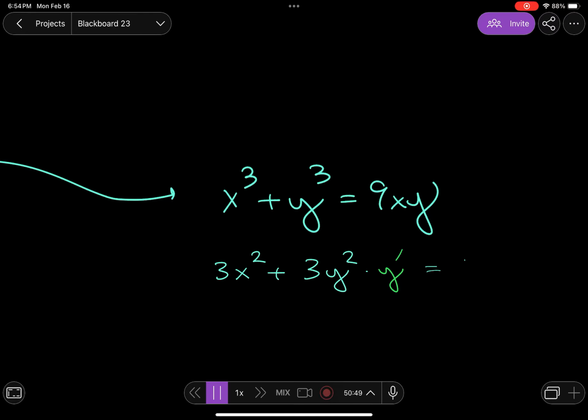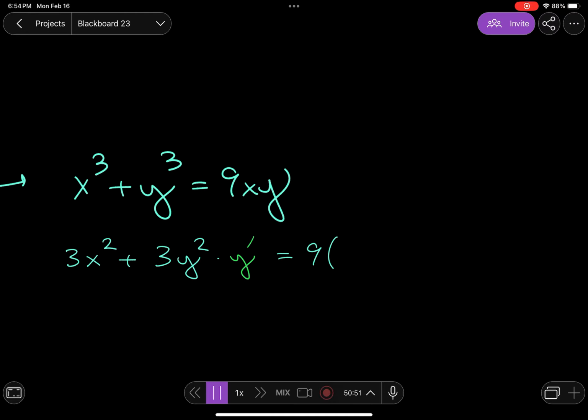And that's equal to 9 times... I have to take the derivative of the product of x and y. That's going to be the derivative of the first, which is x, 1, times the second, which is y, plus the first times the derivative of the second, which is y prime.